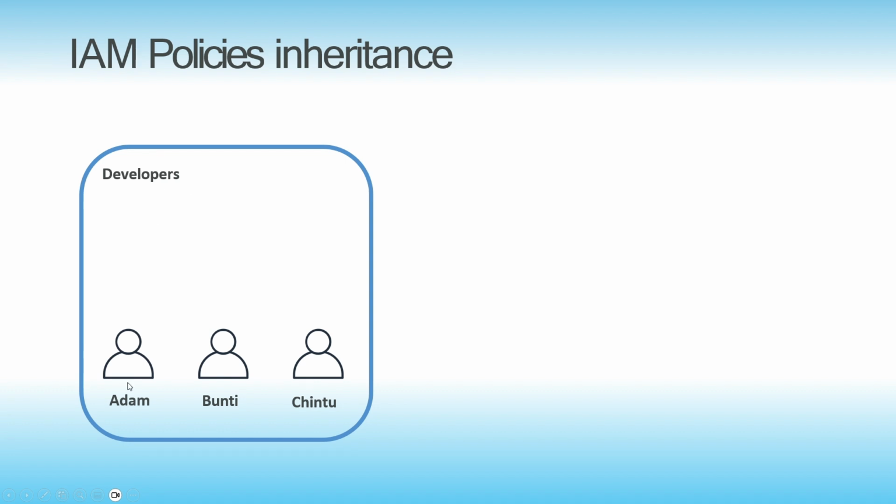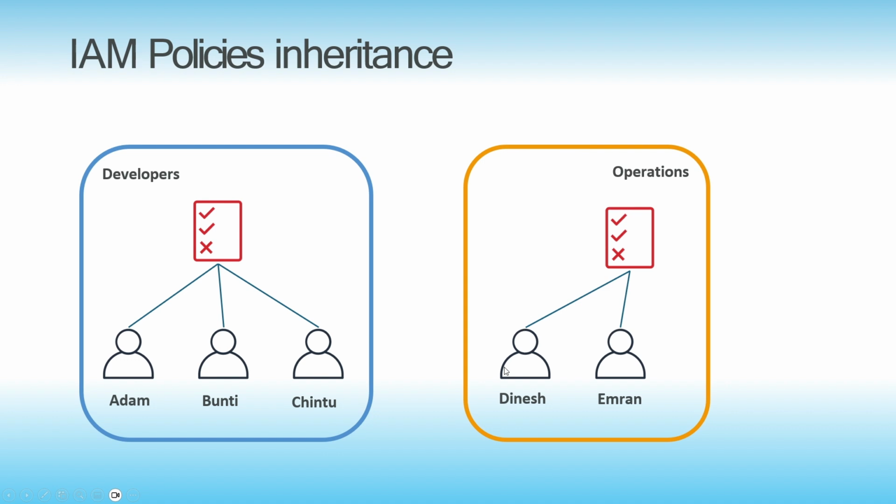Suppose a developer group has three developers, Adam, Bunty and Chintu, and they have a policy of a group, the developer group, we can assign that policy to this group. In the same way, operations has Dinesh and Imran, we can assign the policy directly to the group, and those policies are automatically added to Dinesh and Imran.